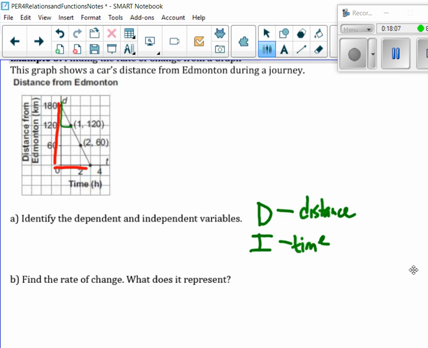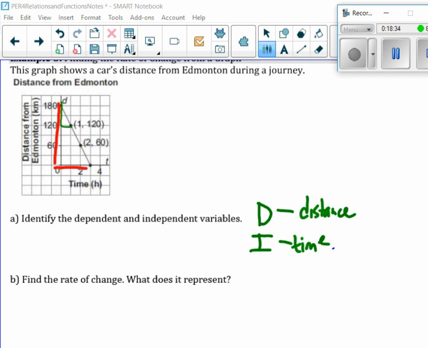Whatever you want. Anybody got a rate of change yet? Negative 60, yes. And what would the units be for that? Kilometers per hour, very good.